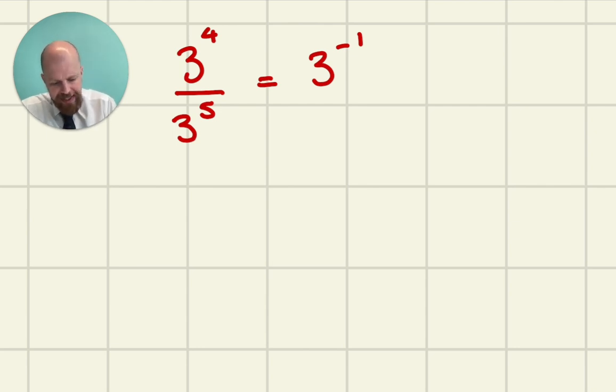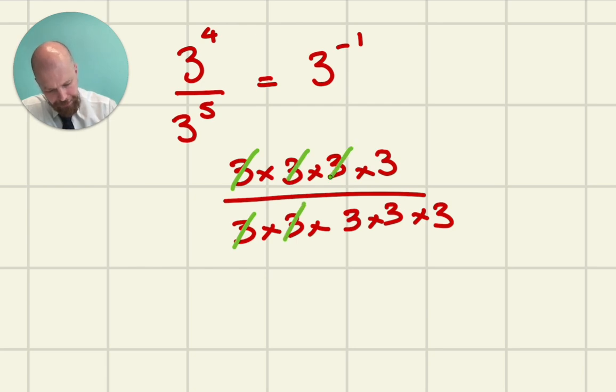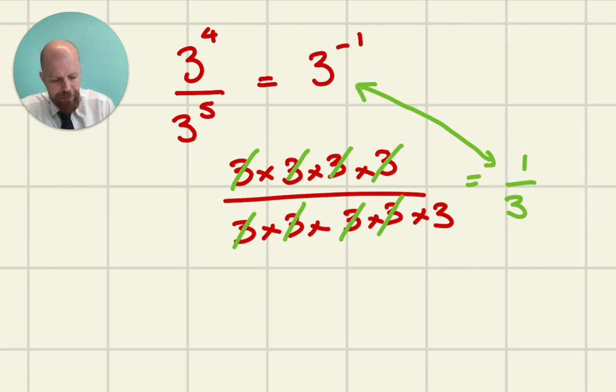And if we actually write out what we have, 3 4 times on the numerator and 5 times on the denominator, we can cancel out 4 of them because they're on the top and the bottom, and that just leaves 1 over 3. And so there is your proof that 3 to the minus 1 is 1 over 3.